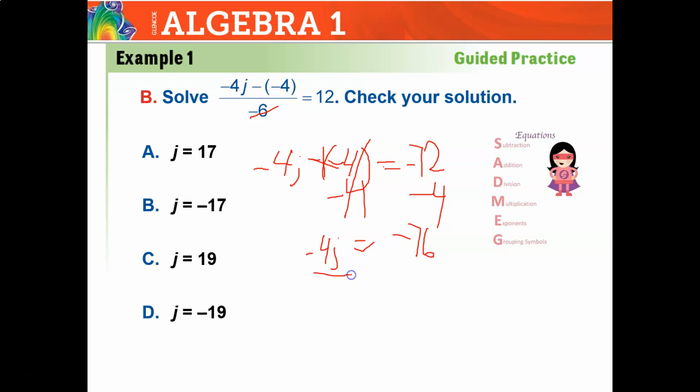We're going to divide by negative 4, which cancels out. We get j equals, what's negative 76 divided by negative 4? 4 goes into 7, 1 time with the remainder of 3. 4 goes into 36, 9 times.